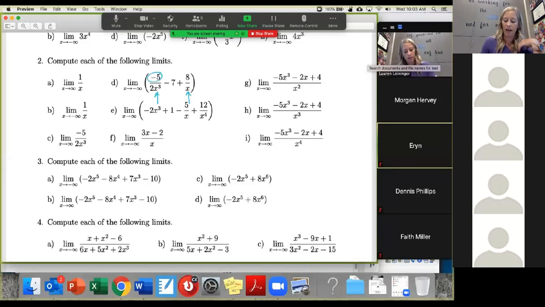You're dividing 5 by really big numbers. This entire term is going to be approaching 0. 8 divided by really, really big numbers is going to turn into 0 as well, which really is just saying the limit here is 0 minus 7 plus 0, which is where you get the -7 from.